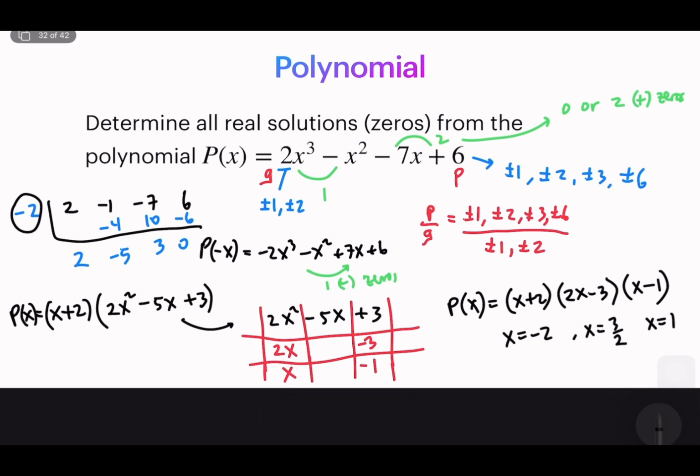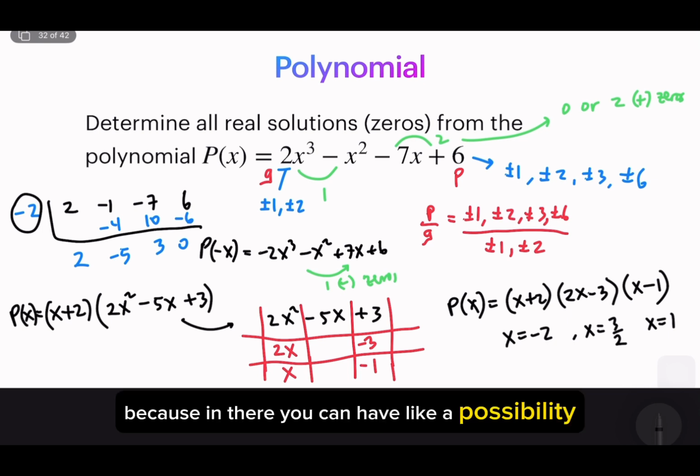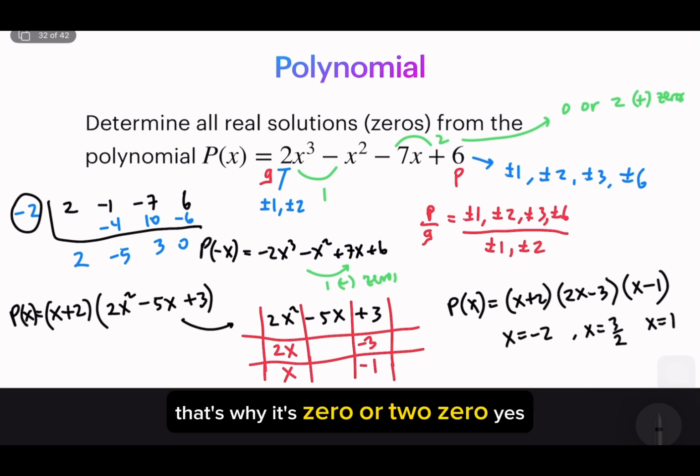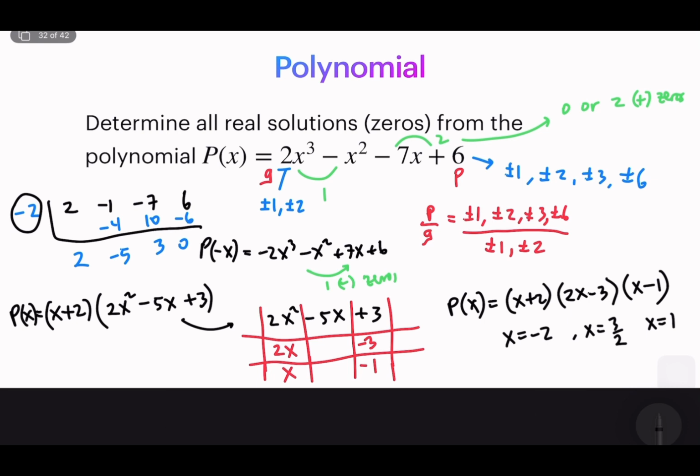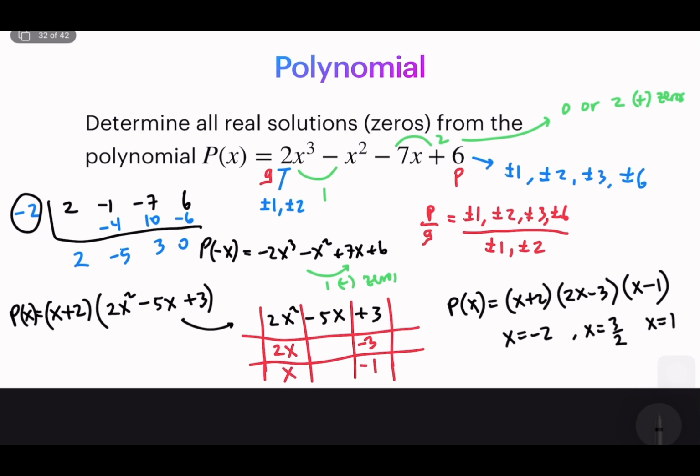Yeah, you might have that. So that's why it's 0 or 2. You can have the possibility of having imaginary zeros. The polynomial is not always real numbers. Sometimes it has imaginary ones.